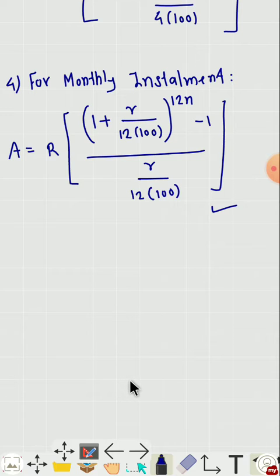In fact, all the above formulae can be written in compact form as follows. So all these above formulae we can write in compact form like this.